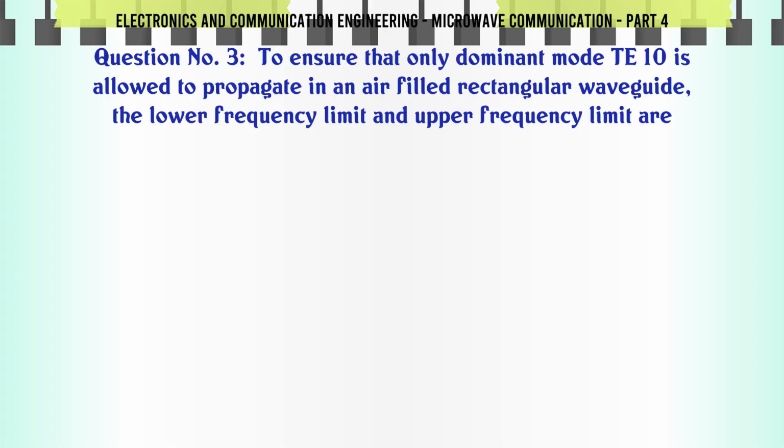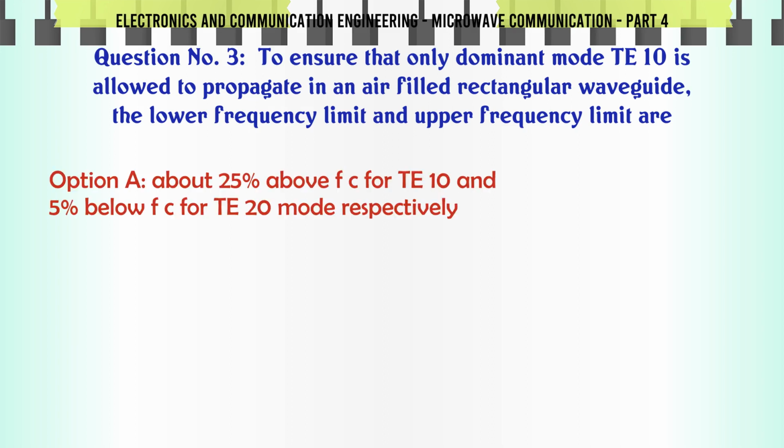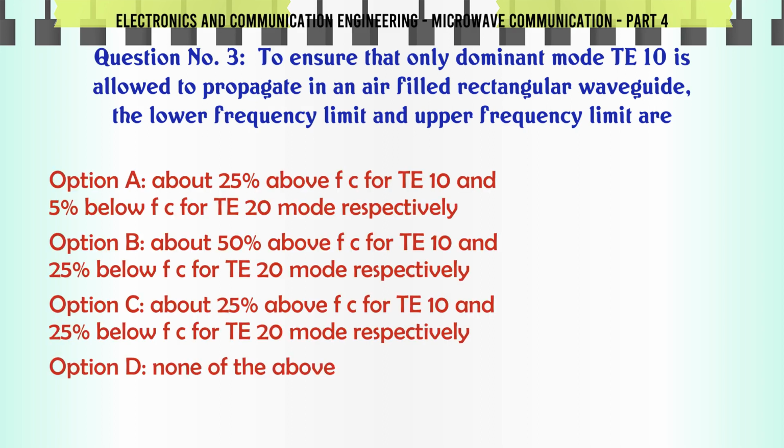To ensure that only the dominant mode TE10 is allowed to propagate in an air-filled rectangular waveguide, the lower frequency limit and upper frequency limit are: A, about 25% above Fc for TE10 and 5% below Fc for TE20 mode respectively; B, about 50% above Fc for TE10 and 25% below Fc for TE20 mode respectively; C, about 25% above Fc for TE10 and 25% below Fc for TE20 mode respectively; D, none of the above.